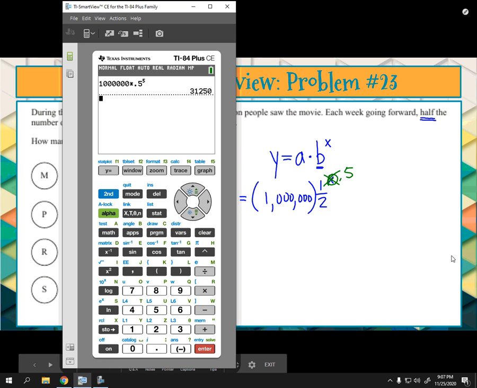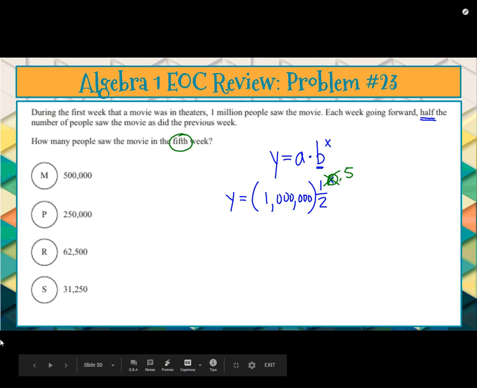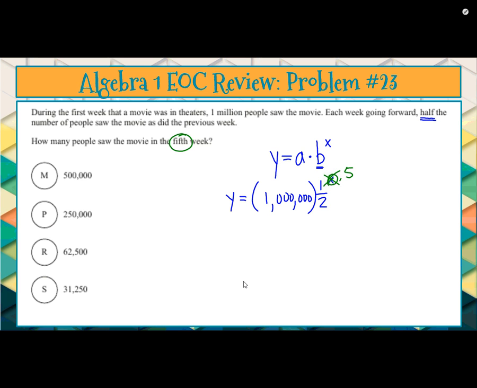We have 31,250 people seeing it in the 5th week, so we are going to choose S. S is going to be our choice answer for how many people saw it in the 5th week. So writing the exponential function is helpful. Also knowing that half is going to indicate an exponential function. This is not a linear function.